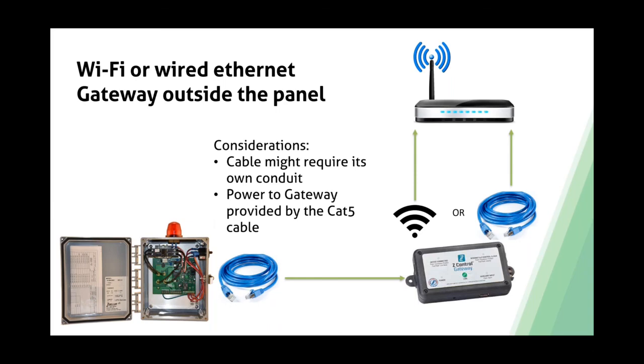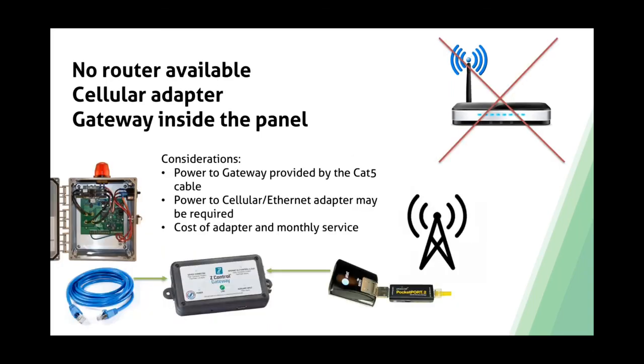And then the third method, you might not have an internet service provider at all at the location. This may be a remote location, for example. Well, you can still possibly connect the gateway and the product that's behind it to the cloud. You do that by going to a cellular provider that has cellular service in that area. Let's say AT&T.